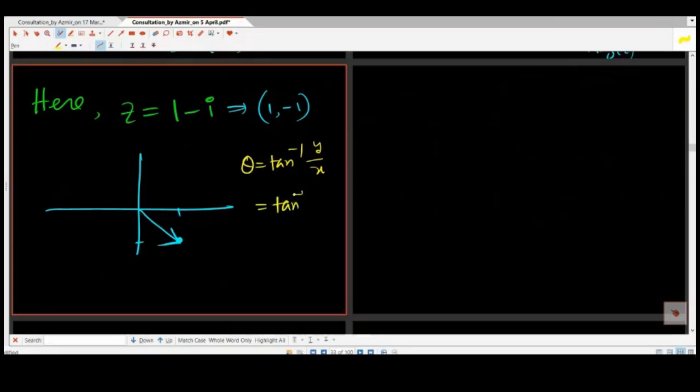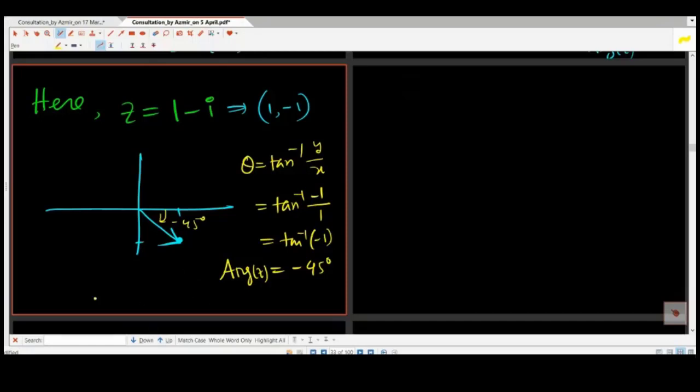So inverse tan of y over x, negative 1 over 1, we will get tan inverse of negative 1, that is minus 45 degrees. Yeah, that is correct. So minus 45 degrees is the principal argument.